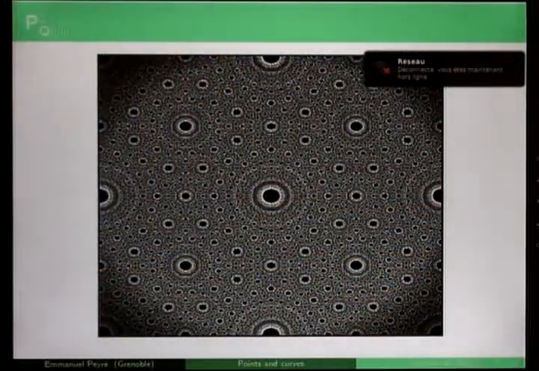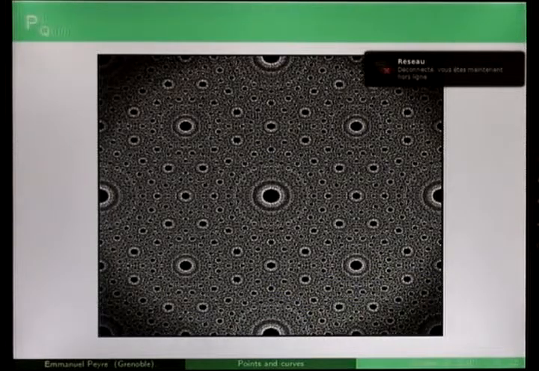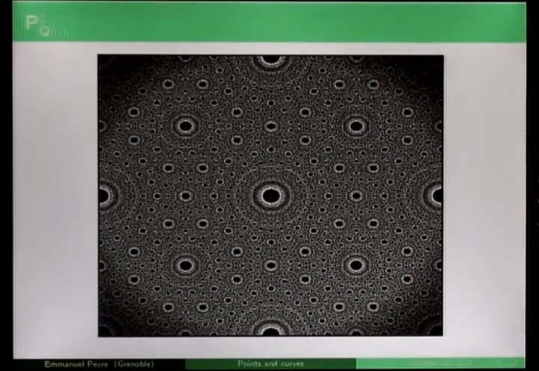So this picture is in fact the projective line, but over Q of i. So you see on this picture the distribution of points of bounded height on P1 of Q of i. So the point in the middle is the point with coordinates 0, 1.